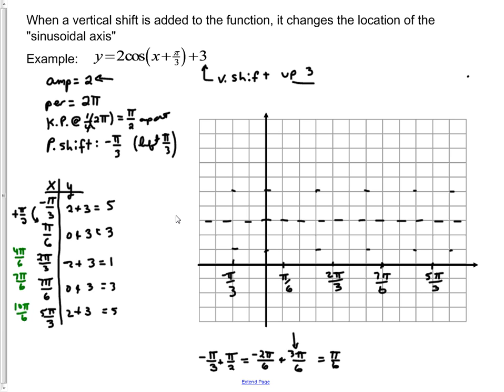Well, it's a cosine graph. We said that it's going to start at y equals 5. At pi over 6, we're going to pass through 3. At 2 pi over 3, we're going to pass through 1. At 7 pi over 6, we're back to 3. And then at 5 pi over 3, we're back up to 5. And then that cycle would start again.